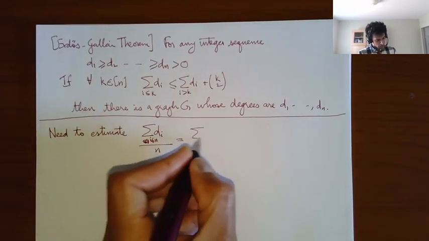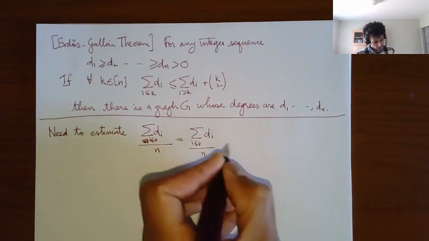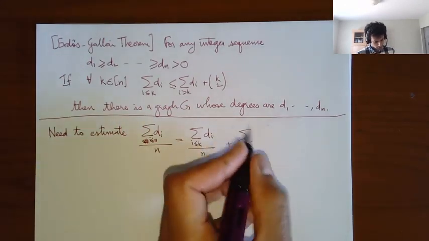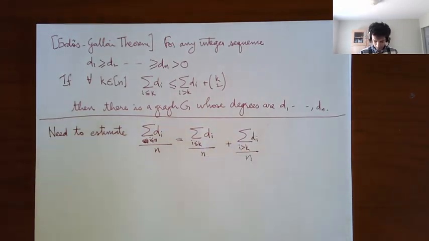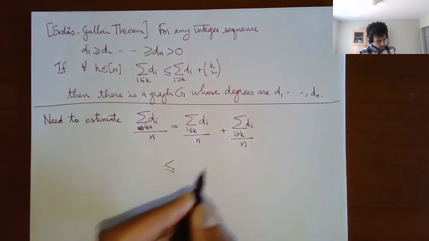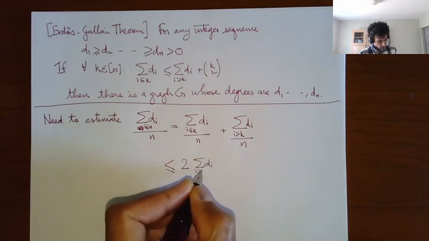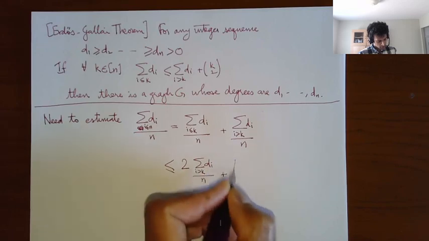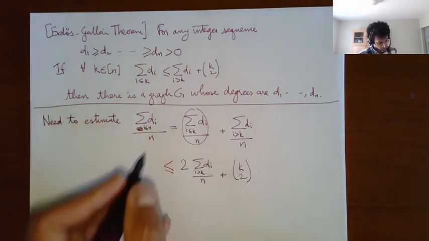I can write this as the summation of the top part plus the summation of the remaining part. Now, by our lemma, I can write this as 2 times the summation of di, i going to k, plus n plus k choose 2. So I simply replace this part by the lemma.